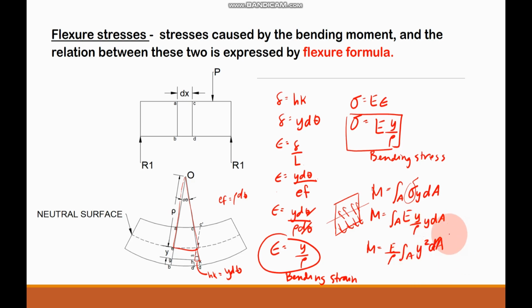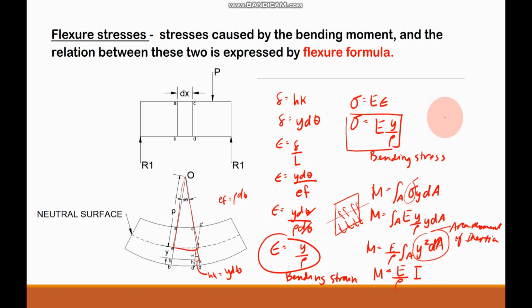And this formula looks familiar. This formula is the area moment of inertia, right? So we can say that the moment is now equal to E over ρ times the area moment of inertia, which is denoted as I.